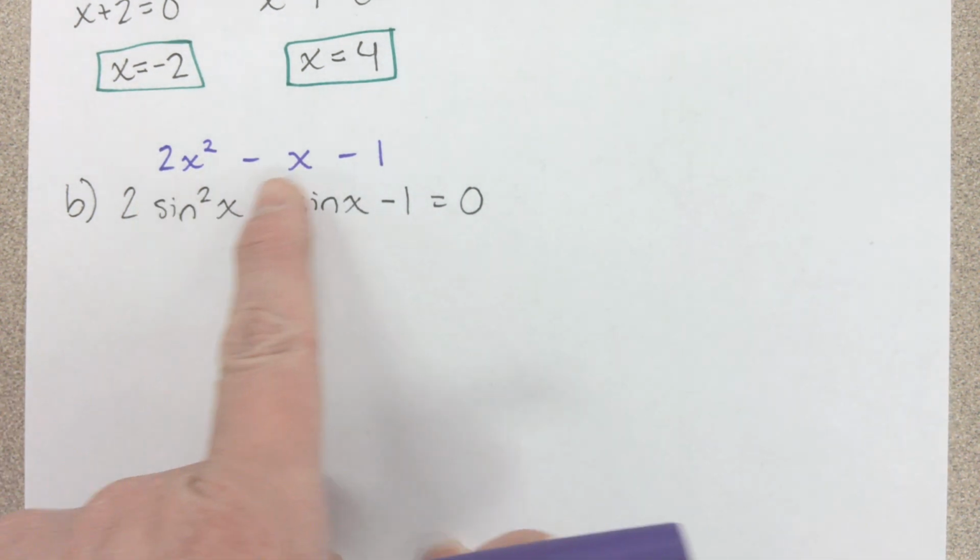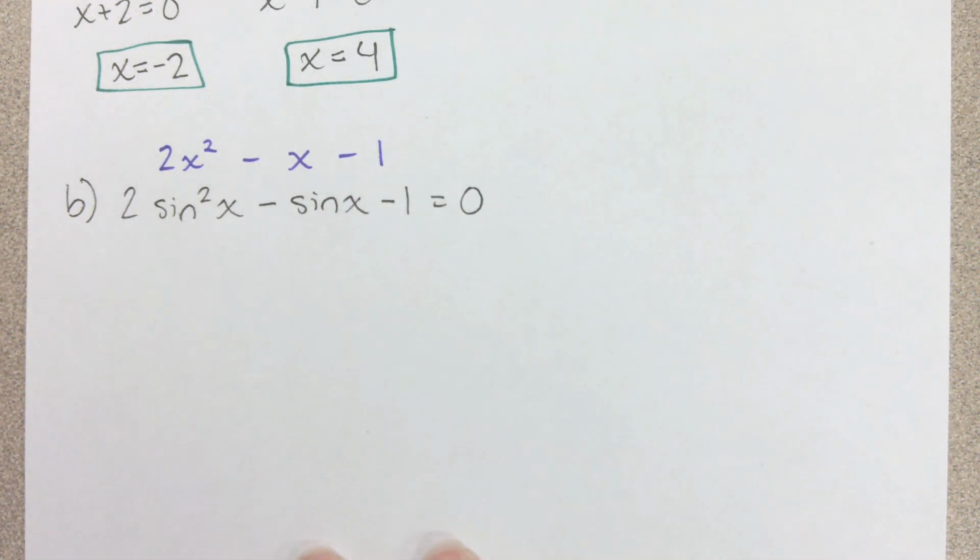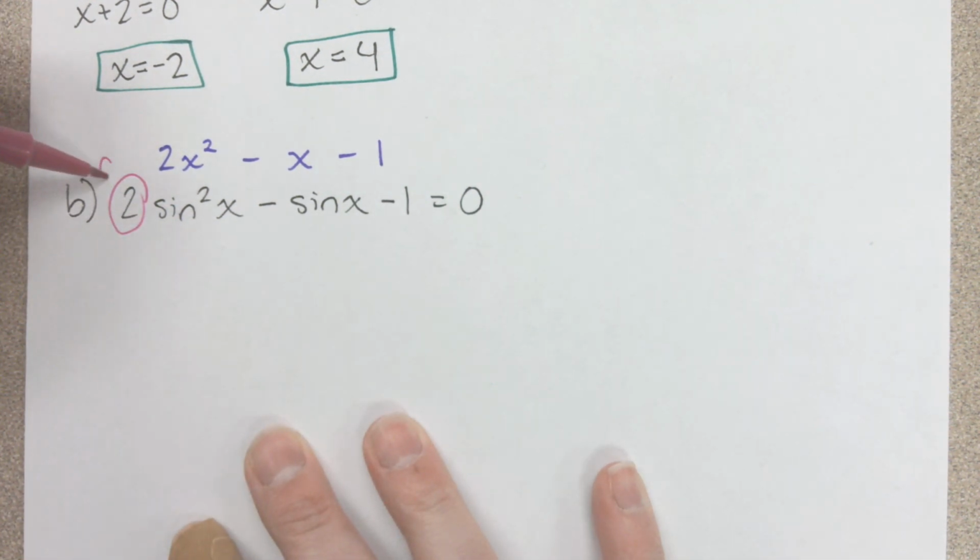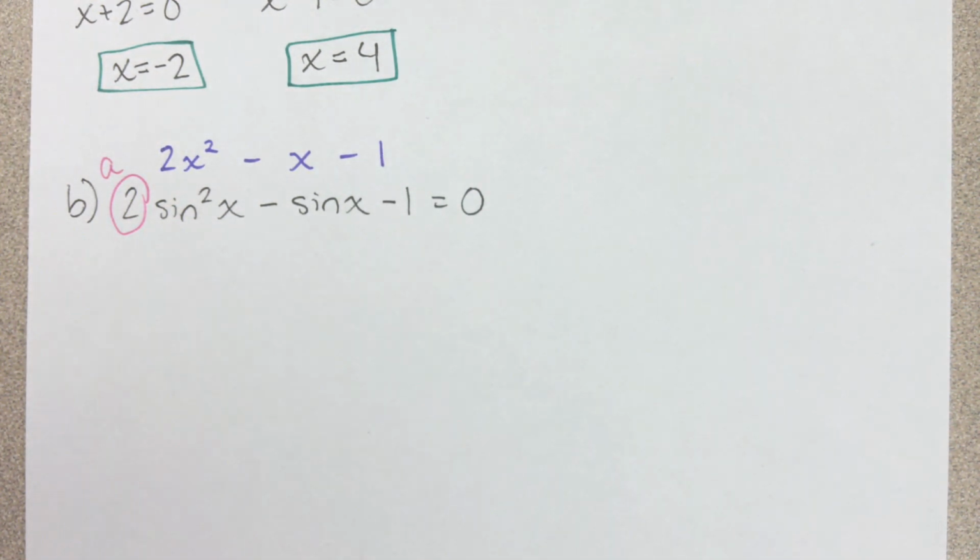So as you can see, this is a trinomial. This time we do have a number in front for the a that is not 1. So this is where we will have to do the formal slide and divide along with the ACB chart.